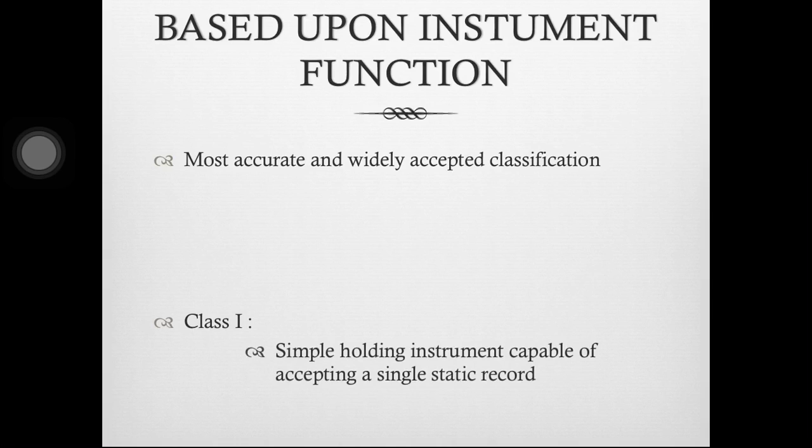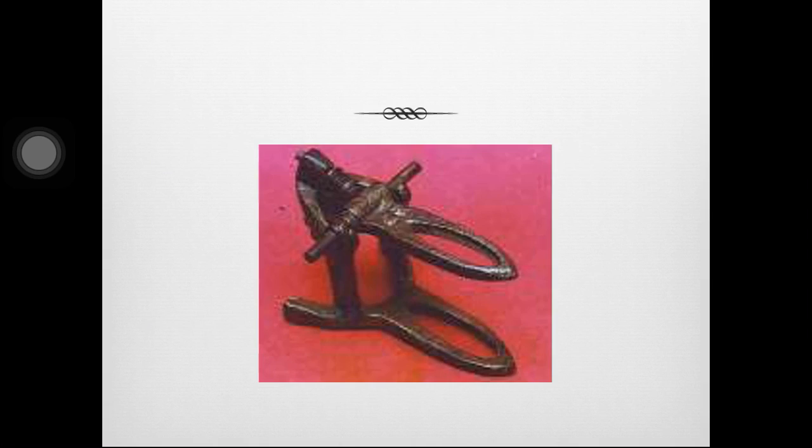Class 1 is the simple holding instrument capable of accepting a single record only, that is, capable of replicating very few patient movements. This is class 1, which is also called hinge articulator or plain line articulator.